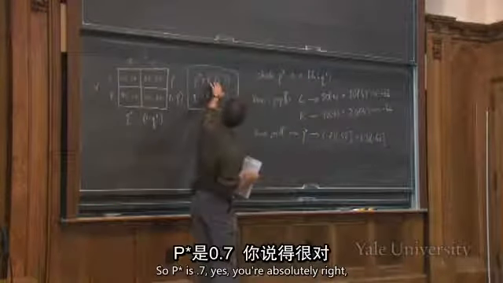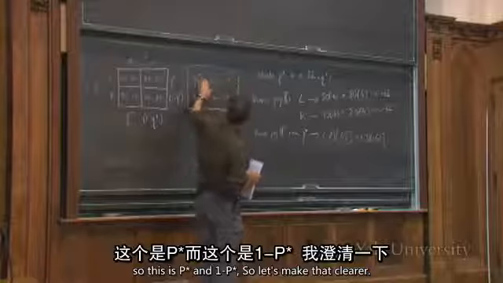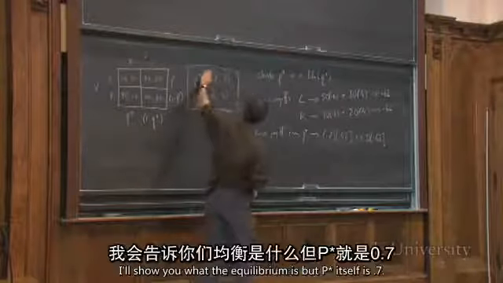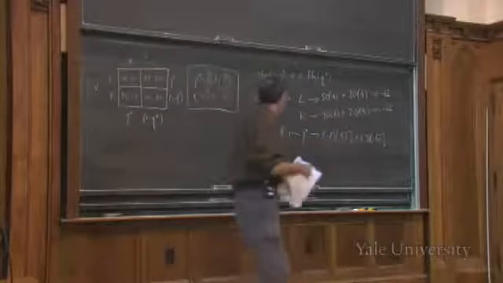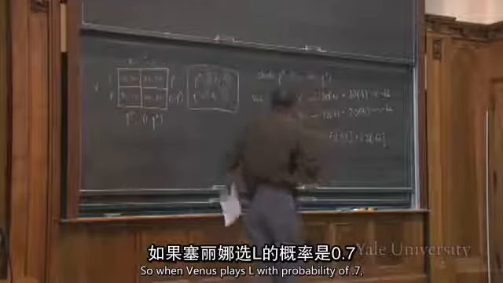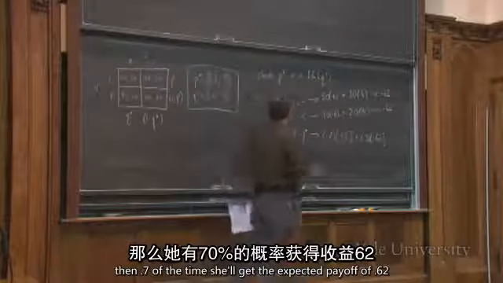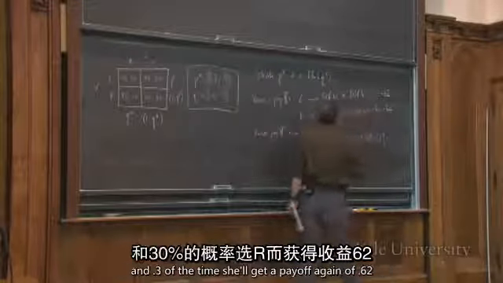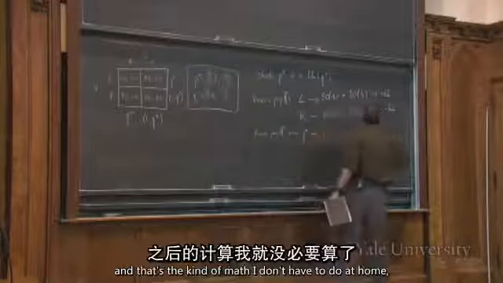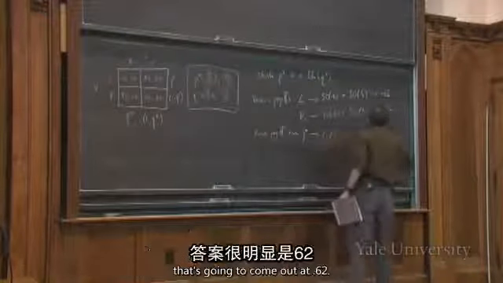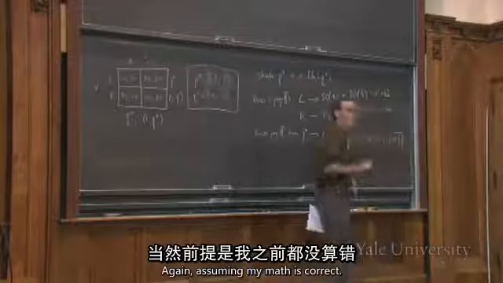So P star is 0.7. Yes, you're absolutely right, so this is P star and 1 minus P star. Let's make that clearer. I was showing what the equilibrium is, but P star itself is 0.7. Thank you. So when Venus plays left with probability 0.7, then 0.7 of the time she'll get an expected payoff of 62, and 0.3 of the time she'll get a payoff again of 62, and that's the kind of math I don't have to do at home. That's going to come out at 62, again, assuming my math is correct.